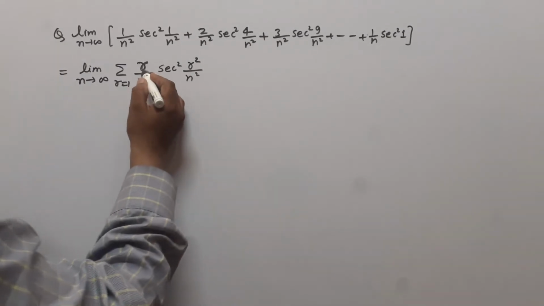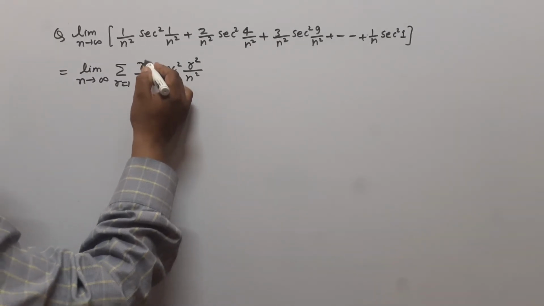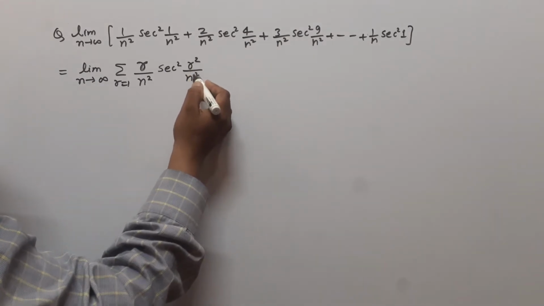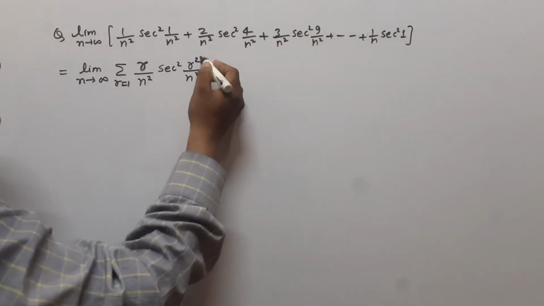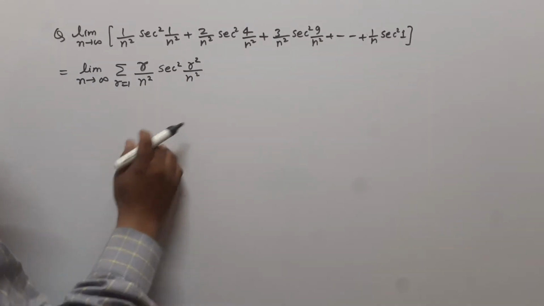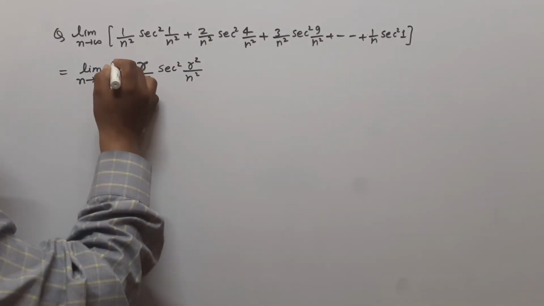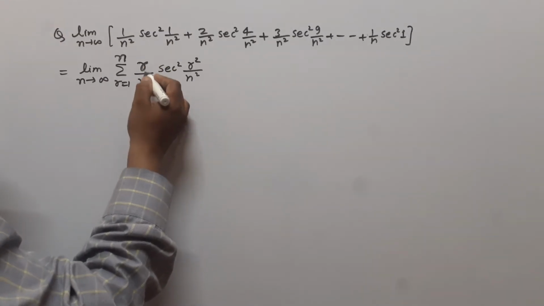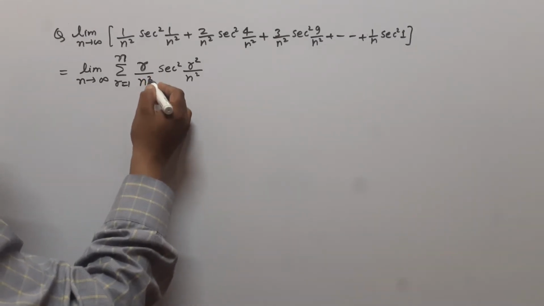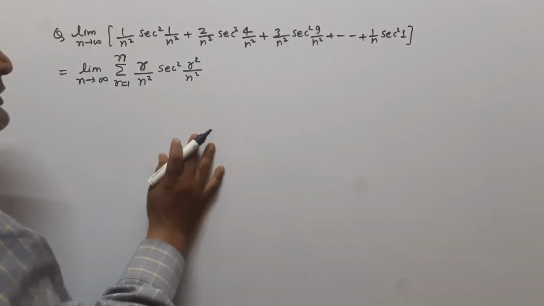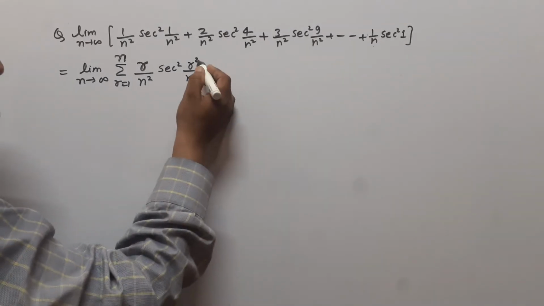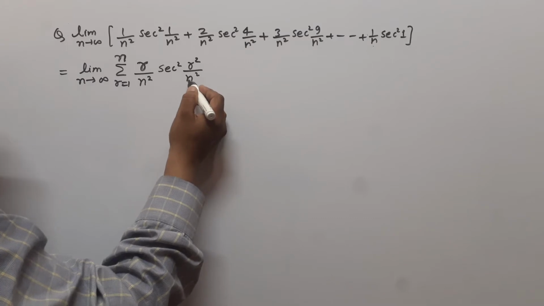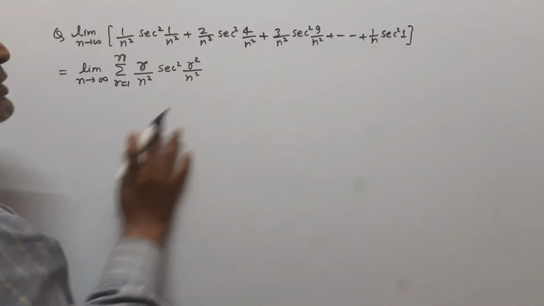When we write r equal to 3, this is 3 by n square and sec square 3 square by n square, so 9 by n square. When we write r equal to n, this is n by n square, which gives 1 upon n, and n square by n square is 1, so this is sec square 1.